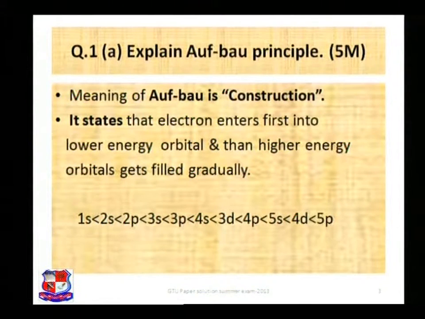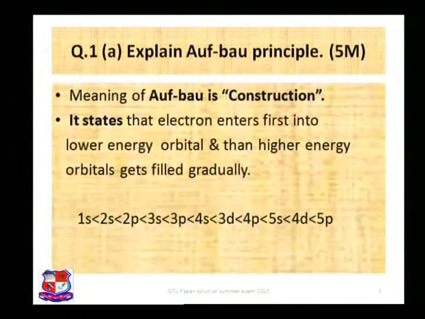What is the meaning of this principle? Be very clear, don't use very complex lines. An electron first enters a low energy orbital and then enters a high energy orbital. So you can show it in the terms below: 1s has energy less than 2s, 2s has energy less than 2p, 2p has energy less than 3s, 3s has energy less than 3p, 3p has energy less than 4s, and 4s has energy less than the next.